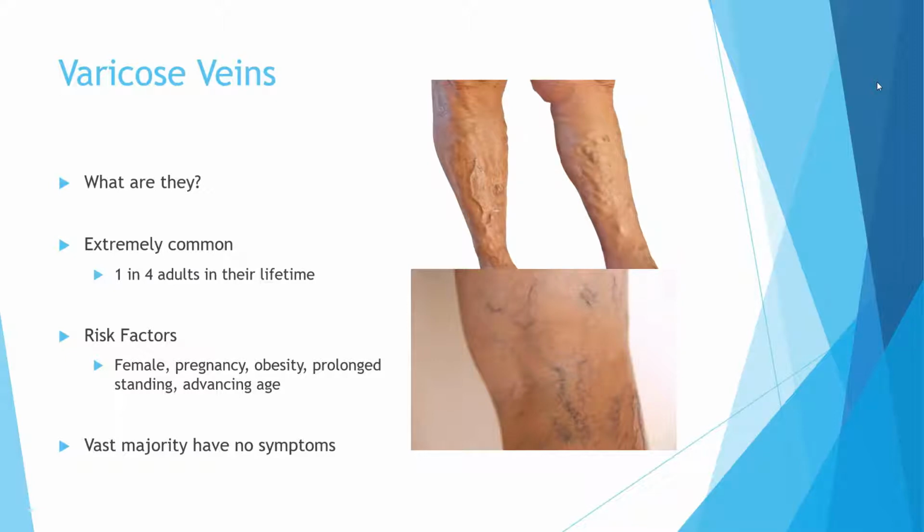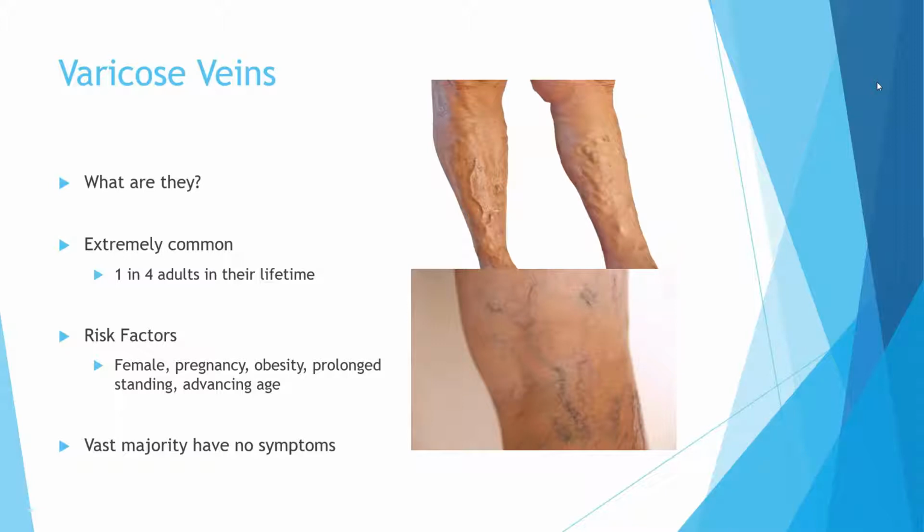They're quite common. About 1 in 4 adults will experience them in their lifetime, and they're more common as people get older. Other risk factors involve being female, being pregnant or obese, and any prolonged standing. So any condition that places excessive pressure on the venous system is likely to predispose to the formation of varicose veins.